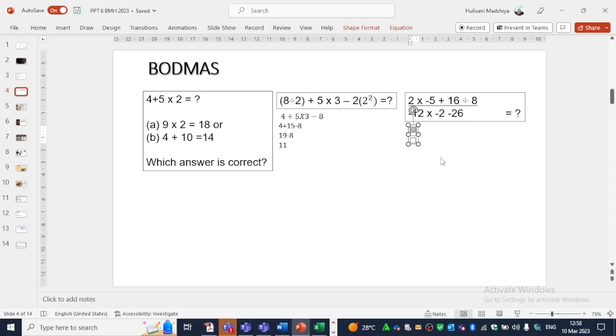So yes, we do have division and multiplication, so we perform them simultaneously, starting from the left to the right. So we start by saying 2 multiplied by -5, which gives us -10, and then plus, and performing again simultaneously, 16 divided by 8 giving us 2.